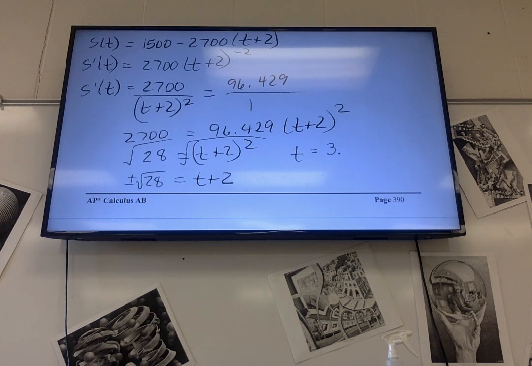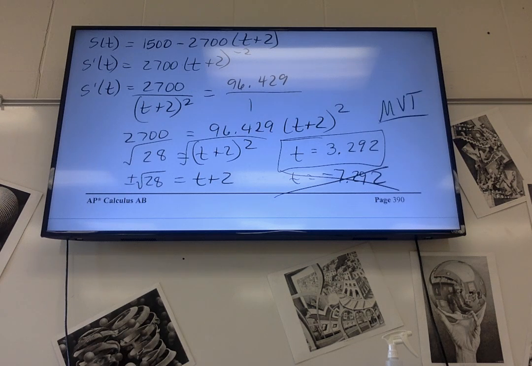The negative's not going to work. I'm just going to stick it in here and say, oh look, it doesn't work. The other one is negative 7.292, but that one doesn't work either. So I give a reason for the answer. Our reason is MVT, the Mean Value Theorem.